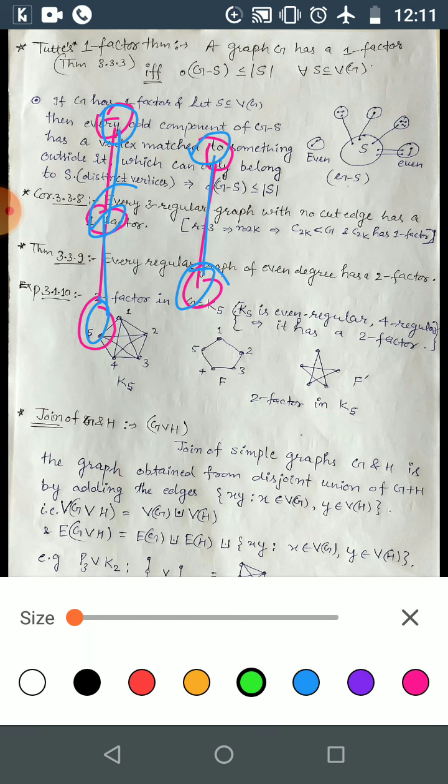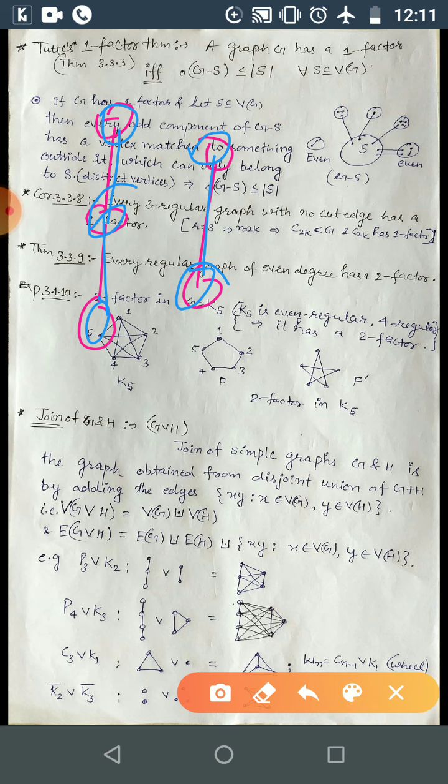The added edges are these: if x belongs to G, then it will be adjacent to all the vertices of H, and vice versa.